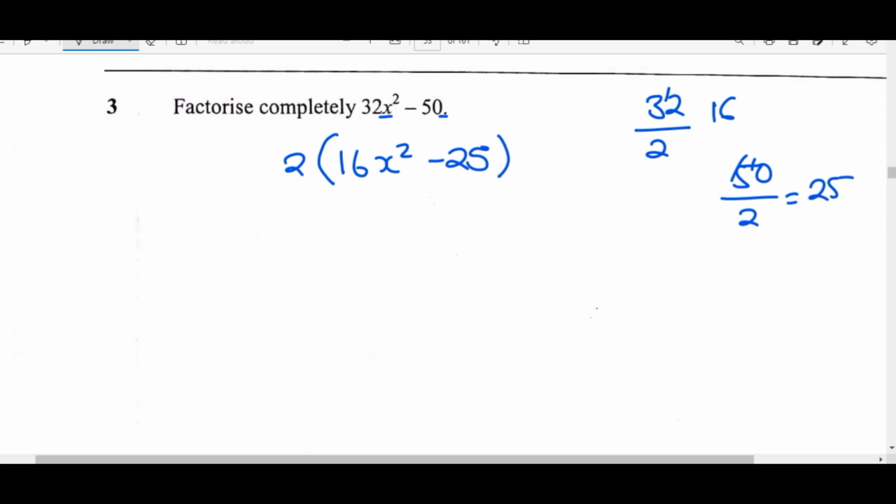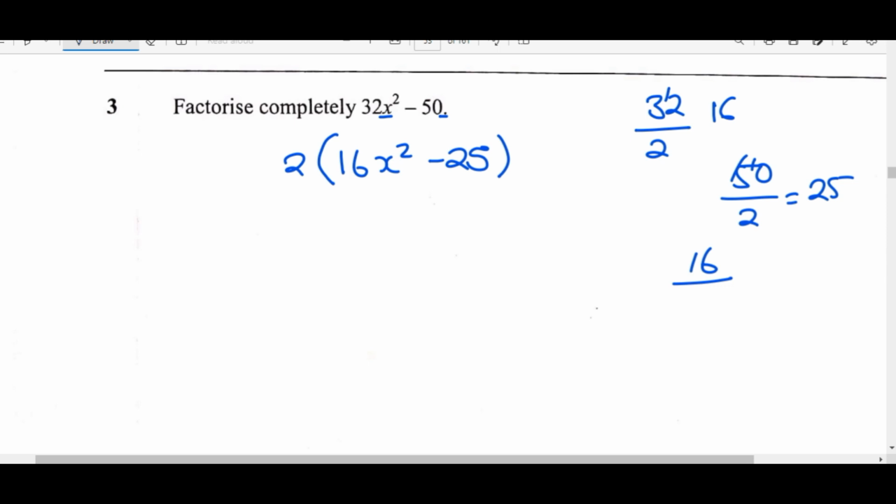You close, and then in this case, are you done? No, we are not done here, because what number can go into 16 and 25 without any remainder, such that when we multiply it by itself, it should give us the same number that we have there.